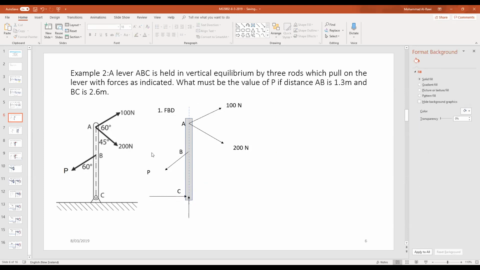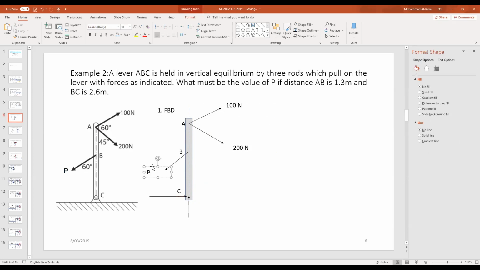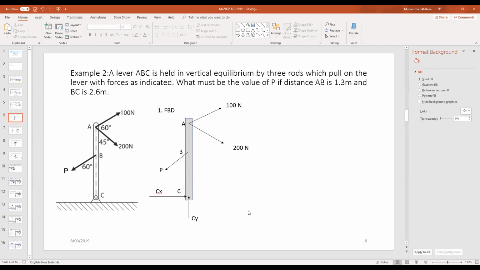We call them CX and CY. This one is CX, and this one we call CY. One is going in the Y direction, the other in the X direction.